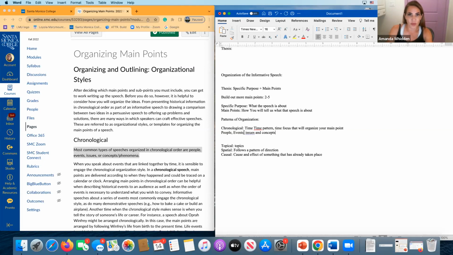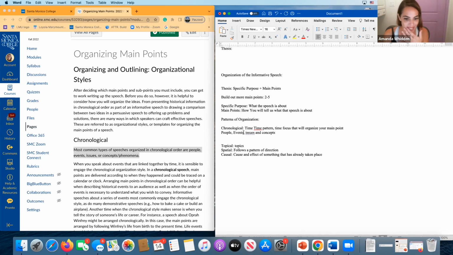So knowing that, if we are looking at a particular person, or if we think about an event, if we want to describe an event to somebody, we could talk about how the event came to be. Then we can talk about maybe the first events, how it's changed over the years, what it means. So there are different ways to chronologically organize that.